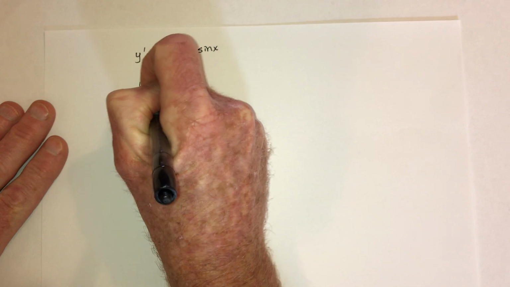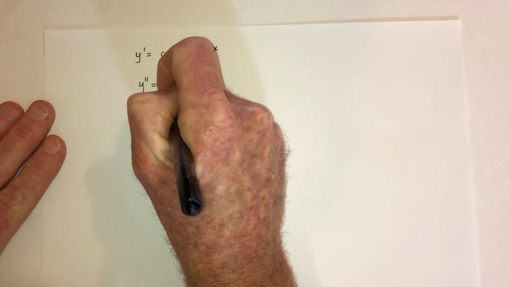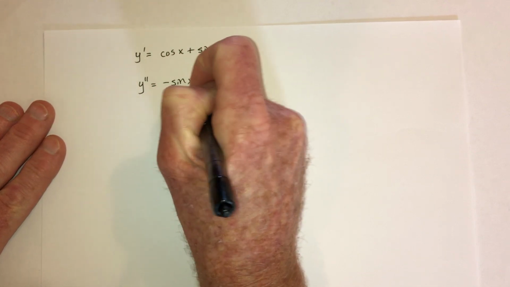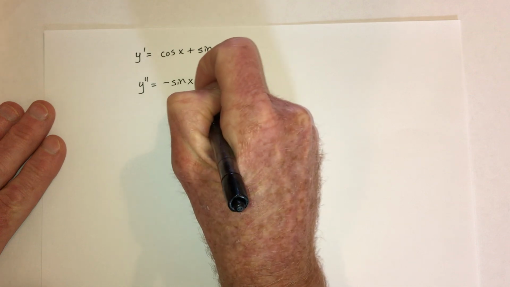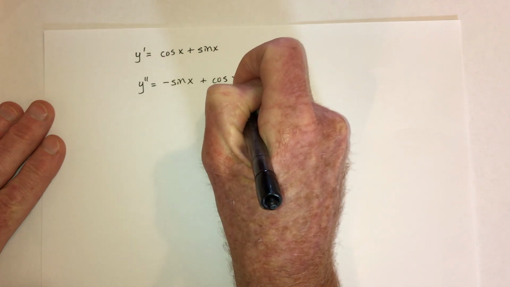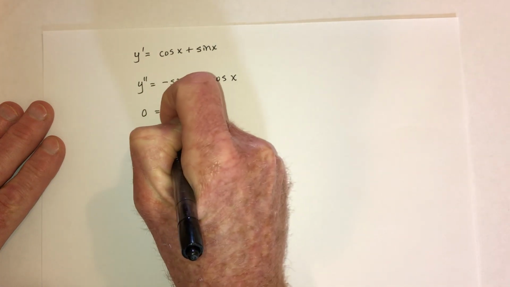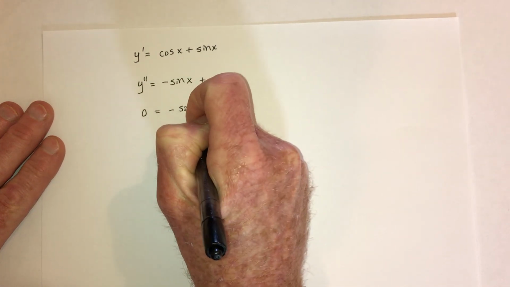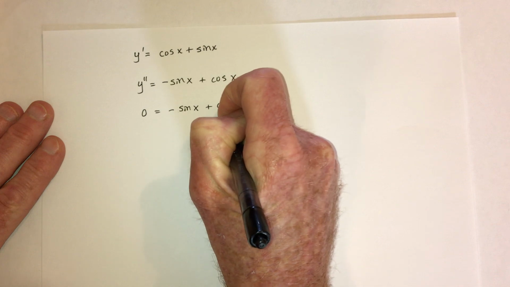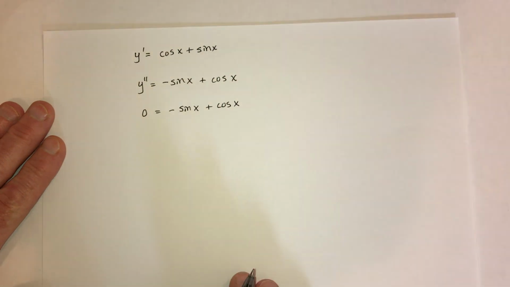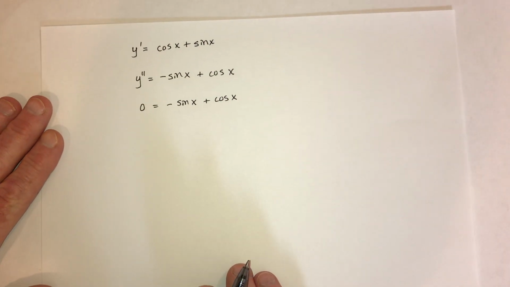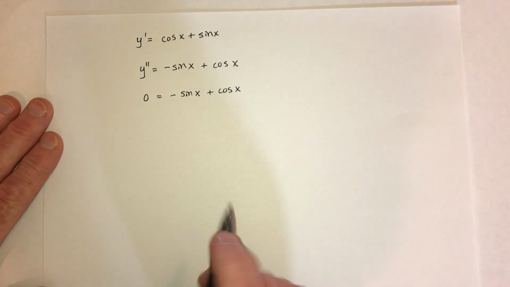So for the second derivative, the derivative of cosine is negative sine. The derivative of sine is cosine. And then set that equal to 0. And the work is going to be very similar to the last time when we did the first derivative equals 0.